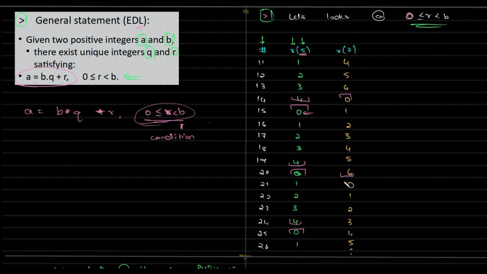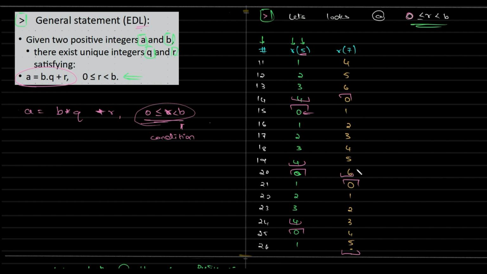The remainder is between 0 to 6. It certainly starts with 0, certainly ends with 6. So the remainder when we divide with 7 is greater than or equal to 0 but certainly lesser than 7, right? This will be your statement.